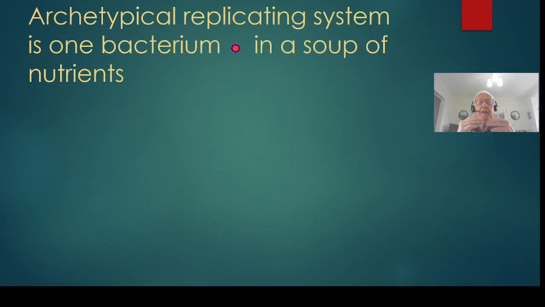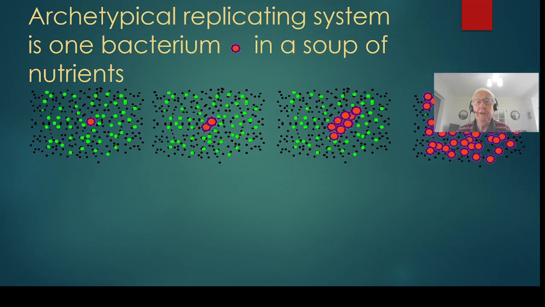Now I want to talk about the archetypical replicating system, and that is one bacterium, a red dot, in a soup of nutrients. And here we have the replication process taking place. The one bacterium doubles and so on until finally all the resources are used up.